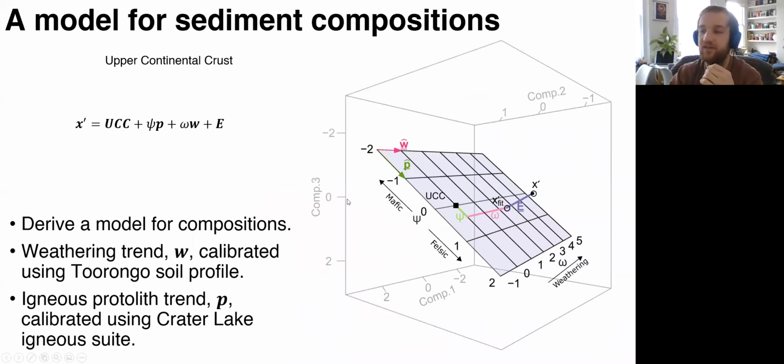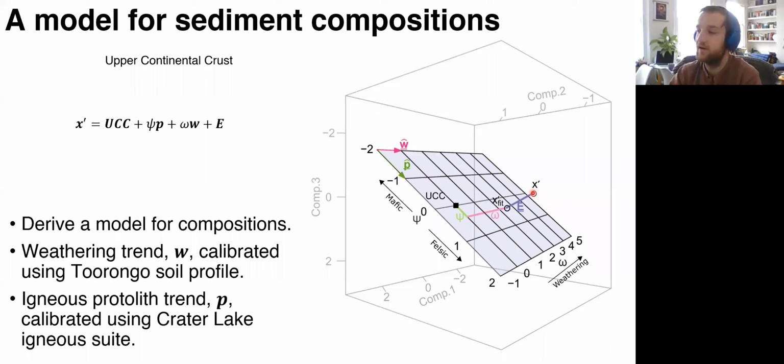So based on these observations, I think we can derive a relatively intuitive model for how a sediment gets its geochemical composition. What we're going to do is consider a sedimentary geochemical composition X prime. So in this sort of 3D space, it just lies in this space somewhere.